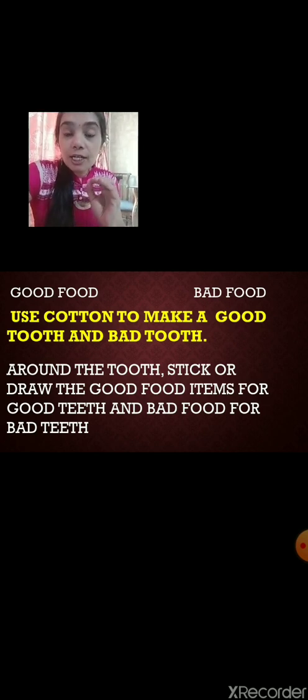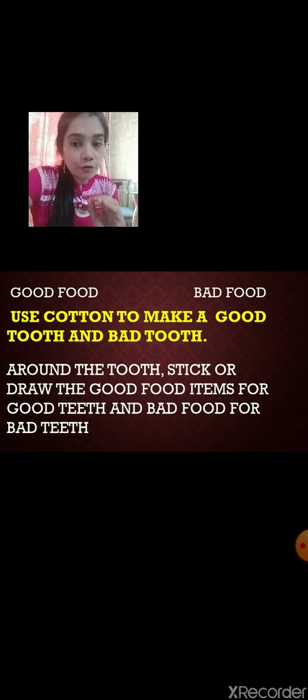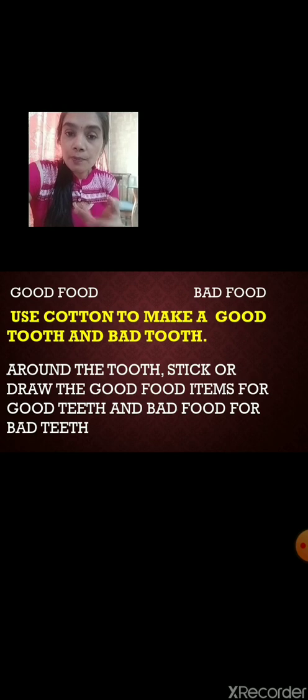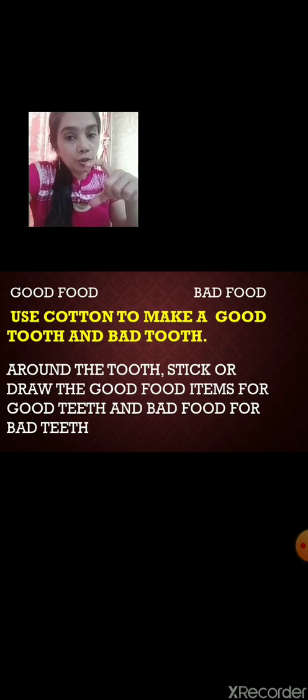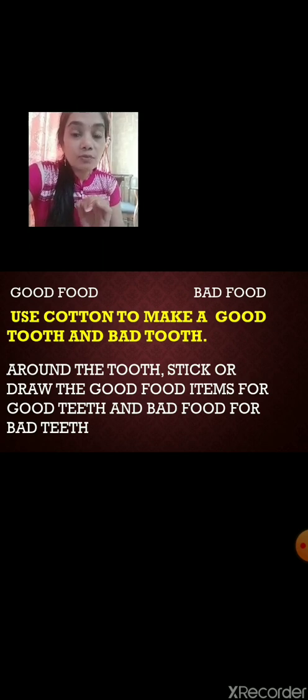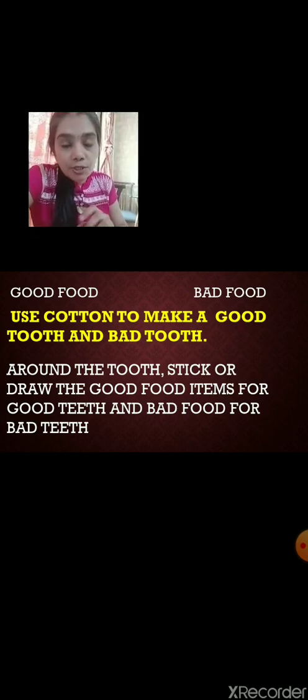You have to collect good food item pictures, or you can draw them, and stick them around that tooth. So you will write the heading good food, stick the good tooth, and beside that you will stick the pictures of good food items which are good for our teeth. I hope you got it, children.